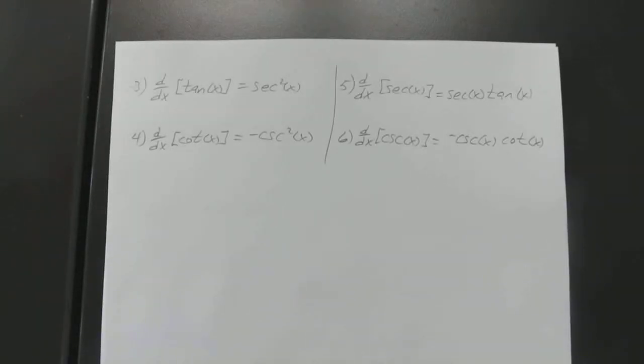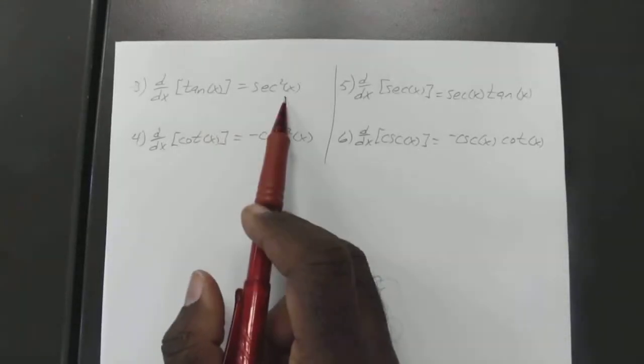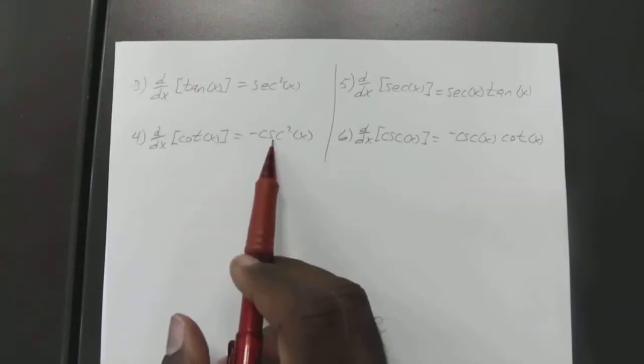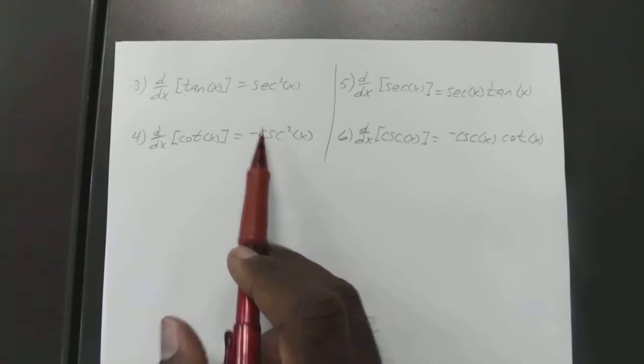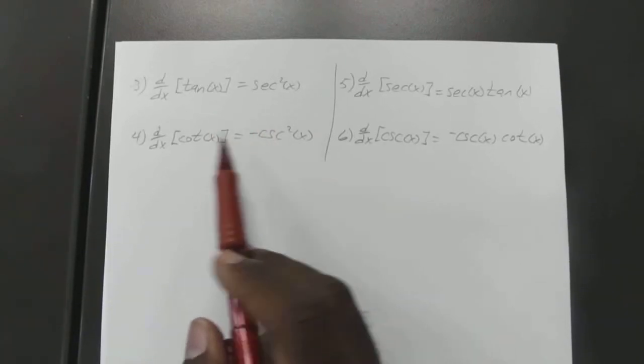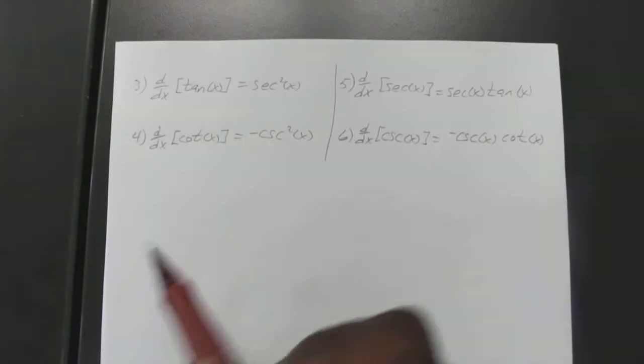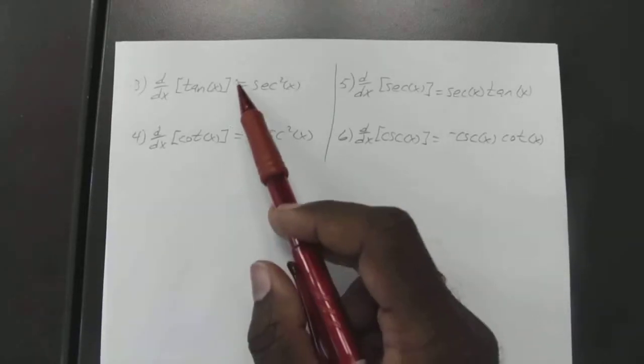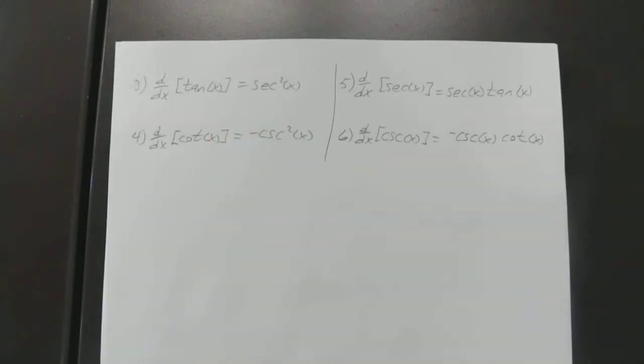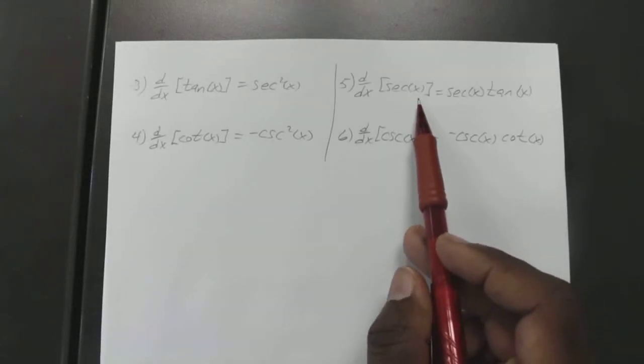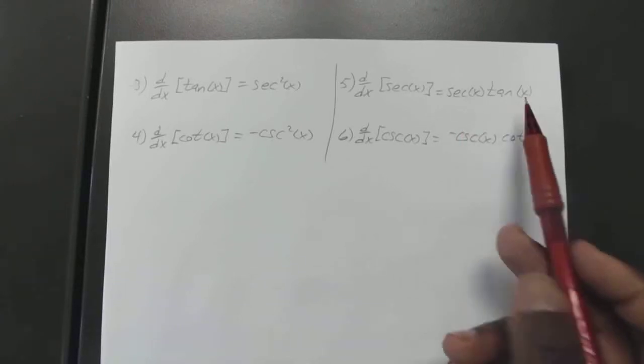Actually, if you look at them, there's a bit of a pattern. Tangent is secant squared. Cotangent, cosecant squared. So those two are co-opposites of each other. Secant is secant and tangent.